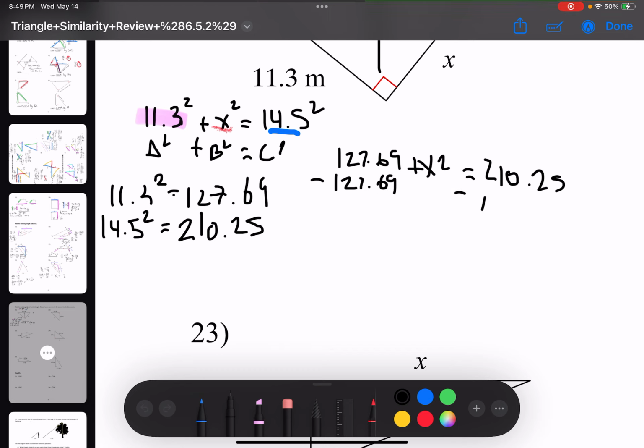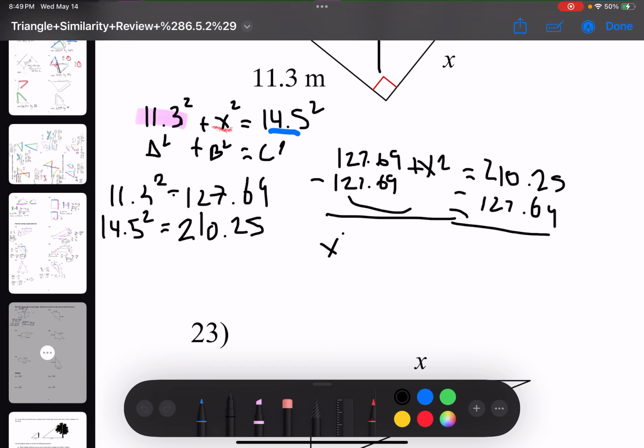So 210.25 minus 127.69. We're moving this one over there, by the way.